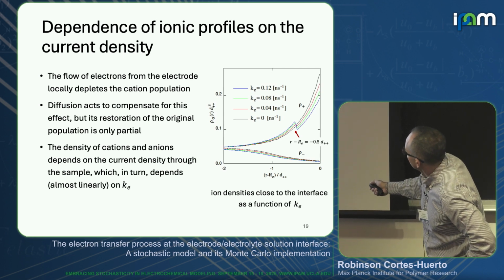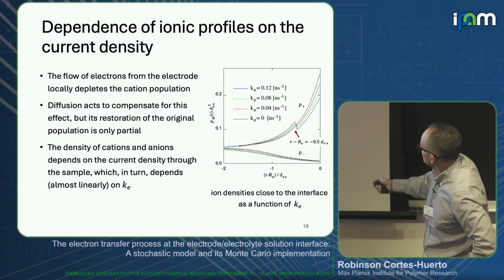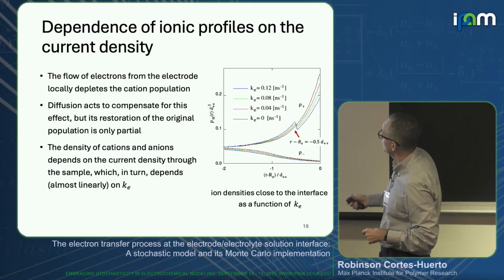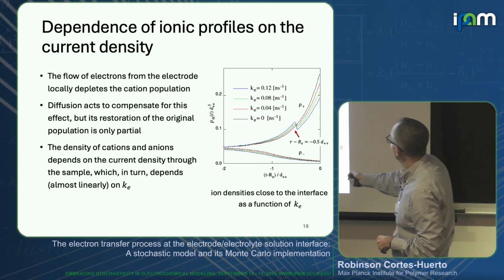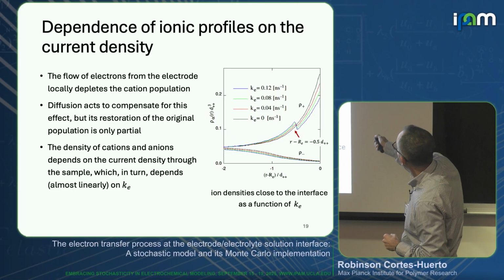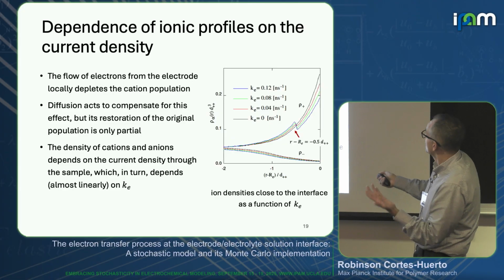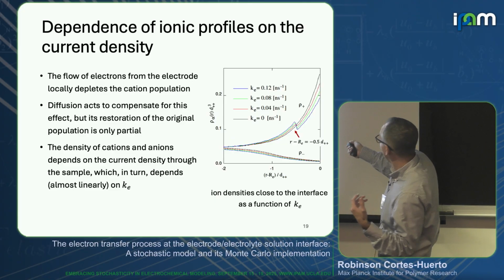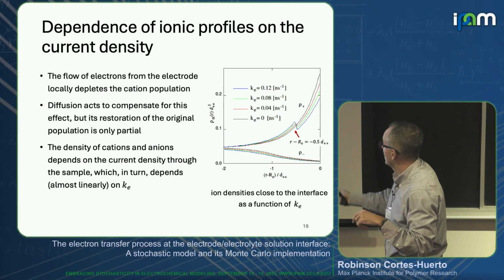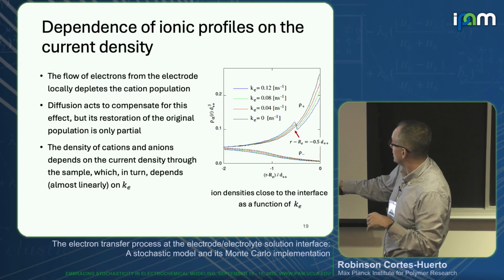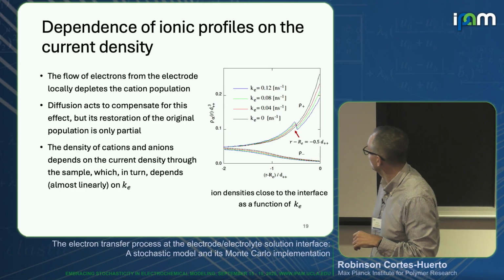Here we have precisely the position at which the electrode is. If the electron transfer rate is 0, then we have a monotonous behavior for the density, and clearly, it's not a surprise. The cations would like to get close to the electrode. There are essentially no anions close to the electrode.